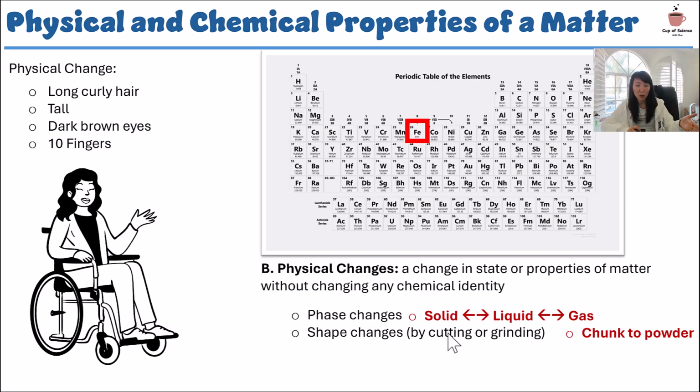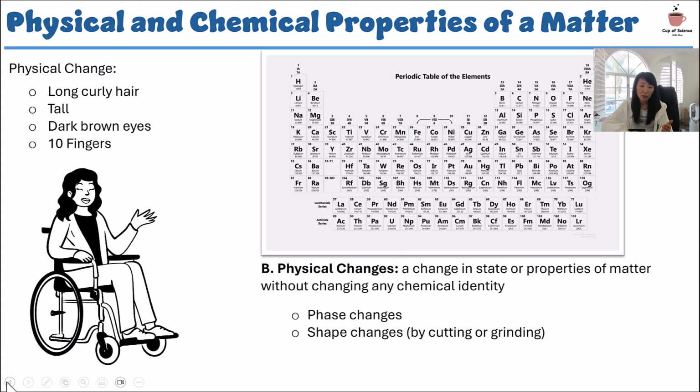Whether it was solid or gas, it is still iron. How about if you were to change the shape of the iron? So you have a chunk of iron and then you grind that up into a fine powder. No matter what, it's still iron, and that iron stays present. So that's what I mean by physical change.